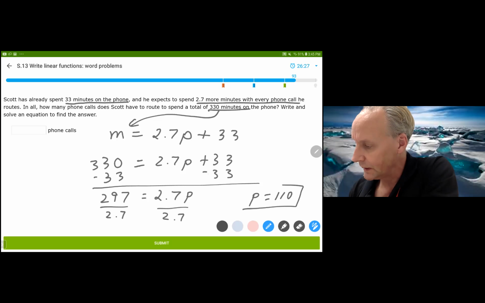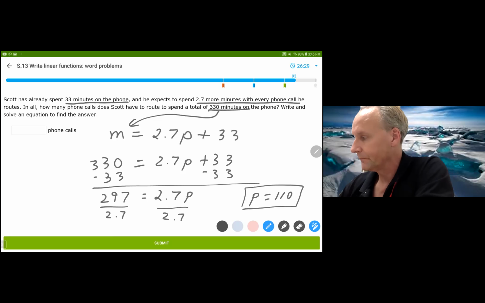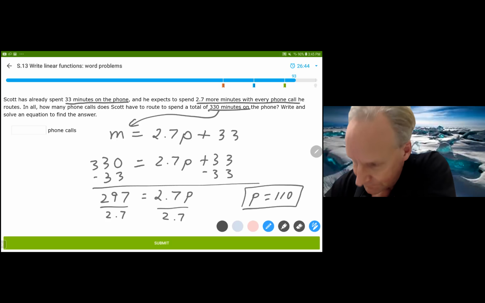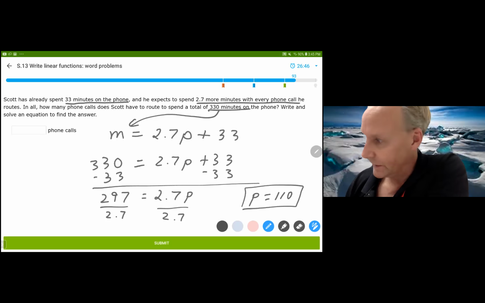And should we do the calculator? Probably. Since I'm so close to the end, I'd really rather not make a mistake. Let's see, 297 divided by 2.7 is 110, like I thought. So I'm going to put in the 110.